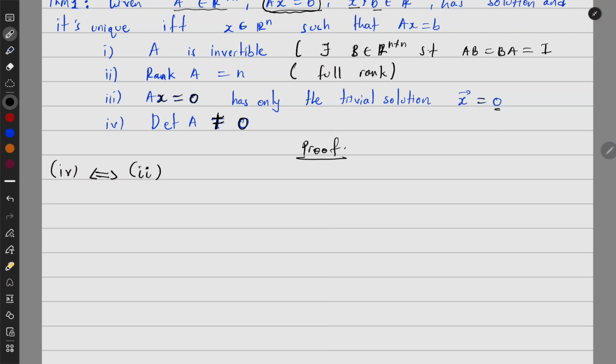So they are saying that the determinant of A is not equal to 0 if and only if Roman numeral 2 holds, if and only if the rank of A is equal to n. So how do we prove this?